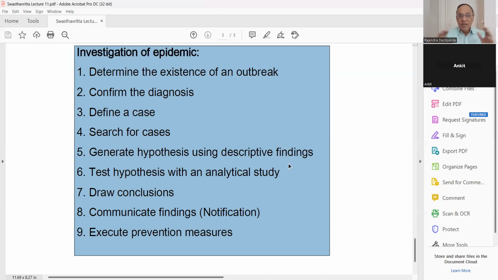So this is called generating a hypothesis. Then test the hypothesis with an analytical study. Say you have found that 10 persons are having anorexia and nausea. This is generated, and I feel that these patients may have jaundice.